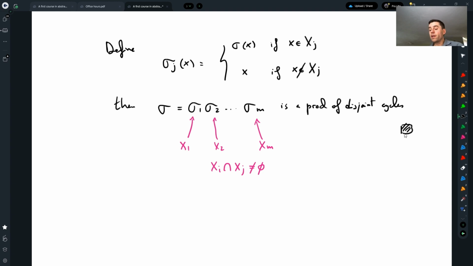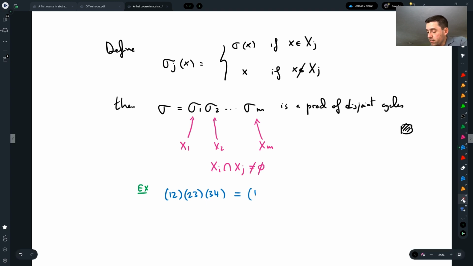And therefore, I can write every permutation as a product of disjoint cycles, just like we've done several examples, but let me do another one. For example, what is (1 2)(2 3)(3 4)? Those are not disjoint. Let's write it again as a product of disjoint cycles. I start with 1 and do my x1 subset. So where does 1 go? Let's see, 1 is fixed by the last two, then 1 goes to 2, so 1 goes to 2.